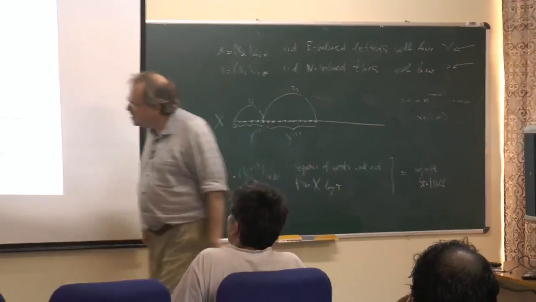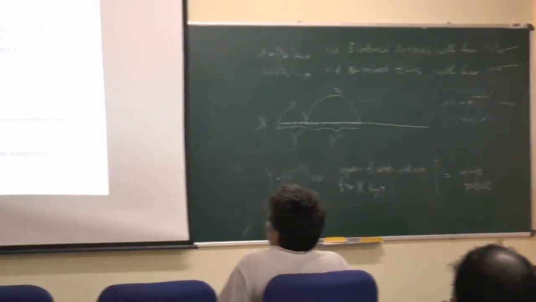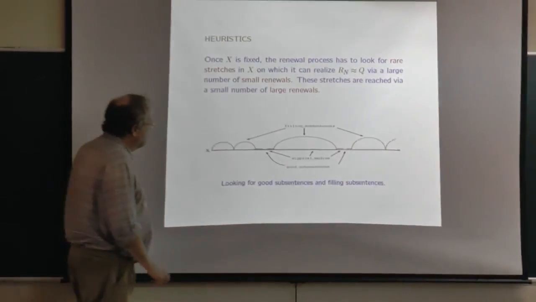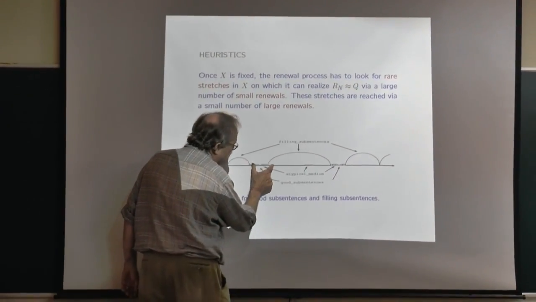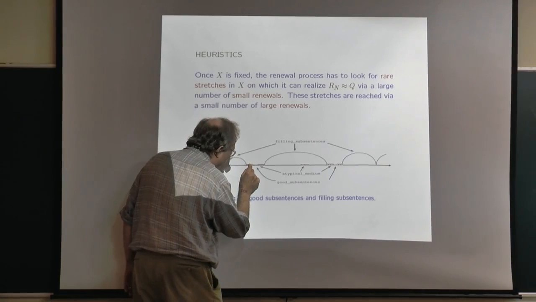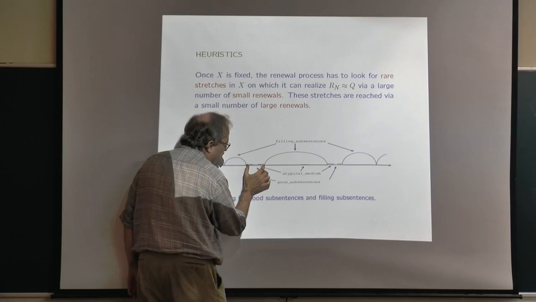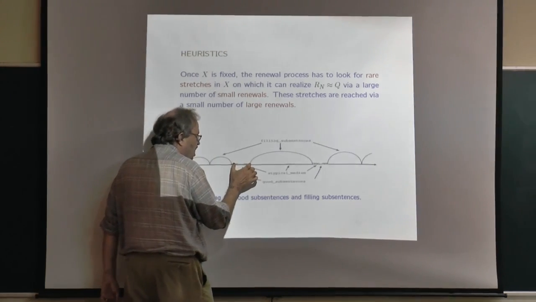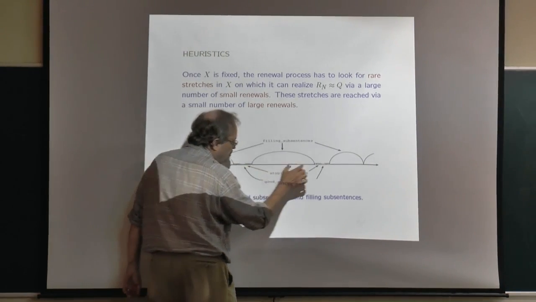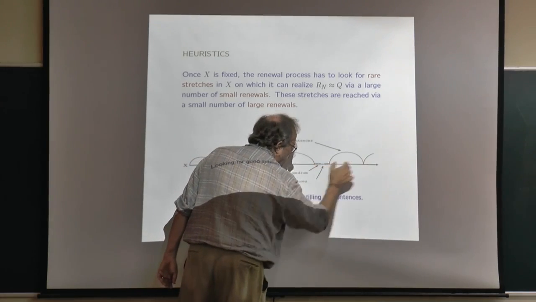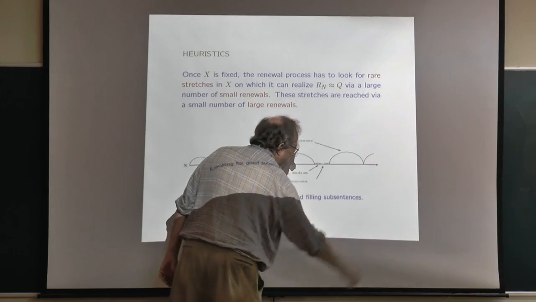So the trick is that the way you create your large deviation is that you will look for spots in the medium where you can create with small steps a very large number of words that look like what Siva wants. And you can do that. You can look for pieces in the medium where you can do that.